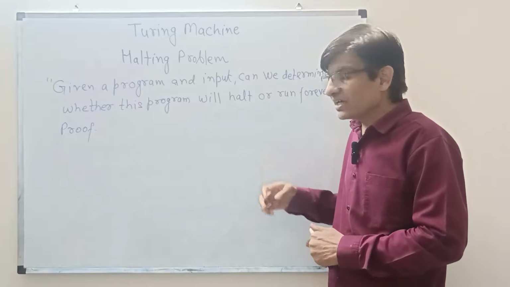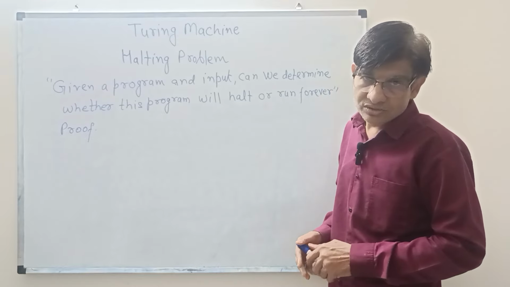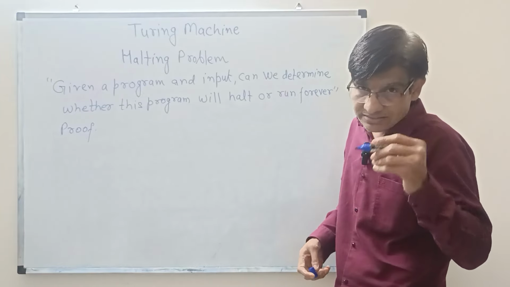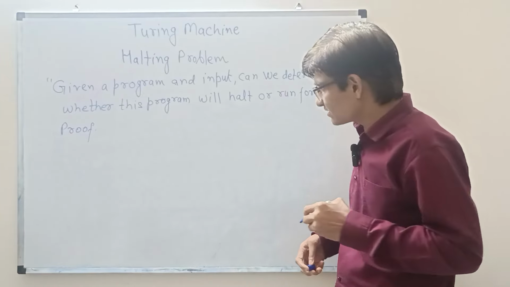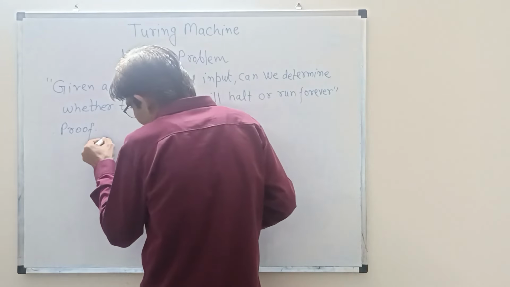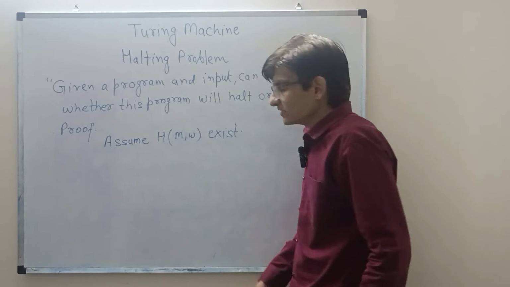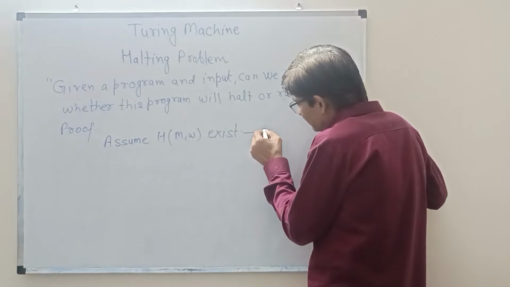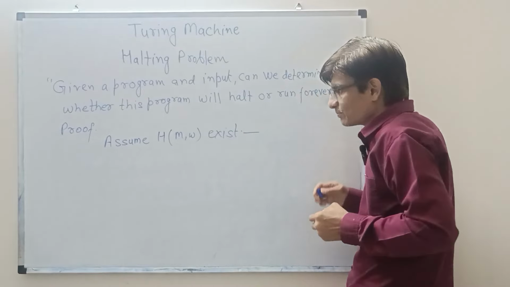Now, as we are using the method of contradiction to prove this, we will assume that such a machine always exists. So assume H(M, W) exists. This is our assumption that we are considering as the base.